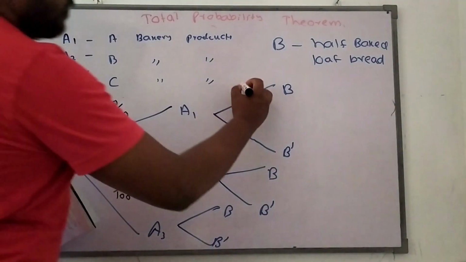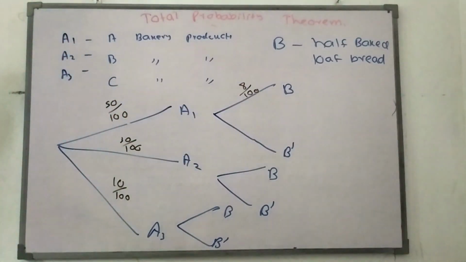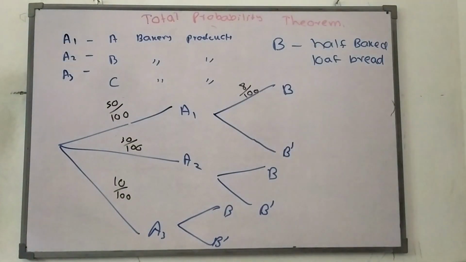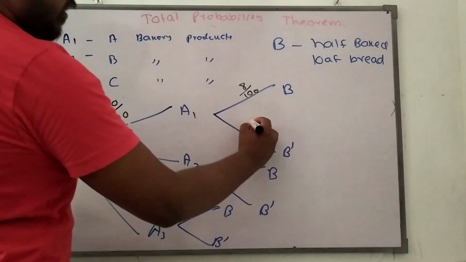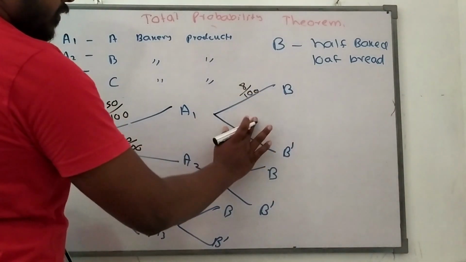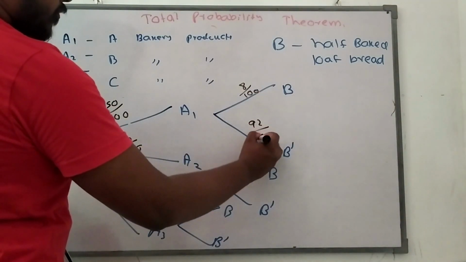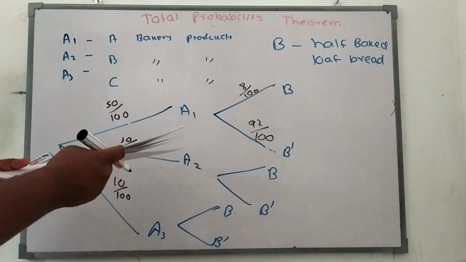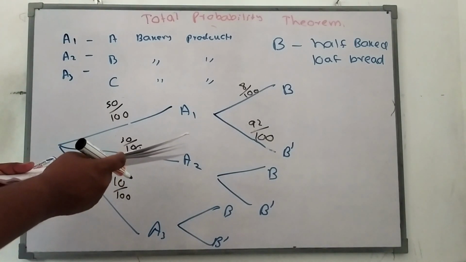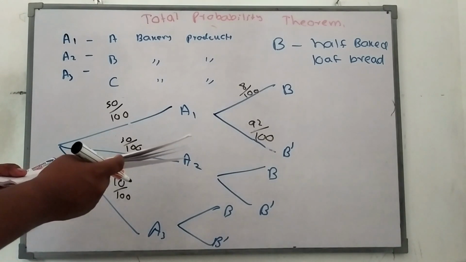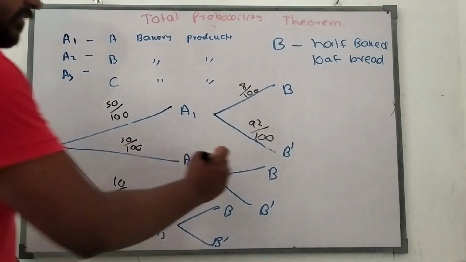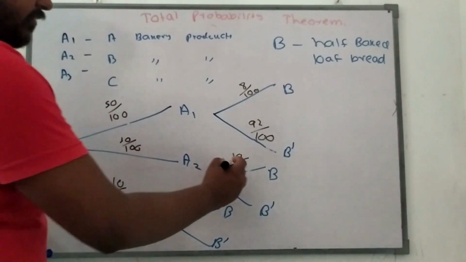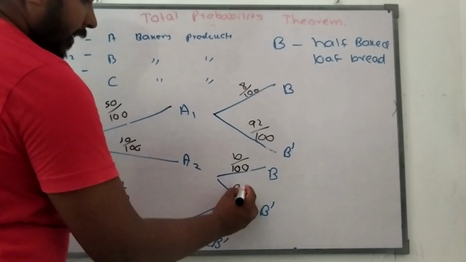For A1 goods, 8% are half baked and the others are not, 92 out of 100. For A2, 10% are half baked, 90 are not.